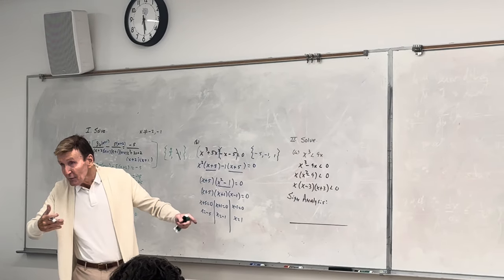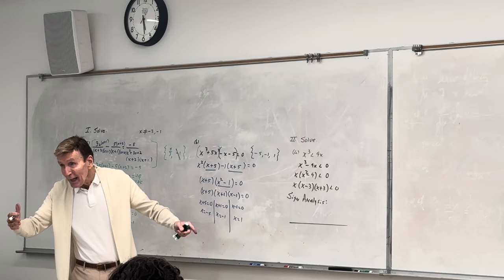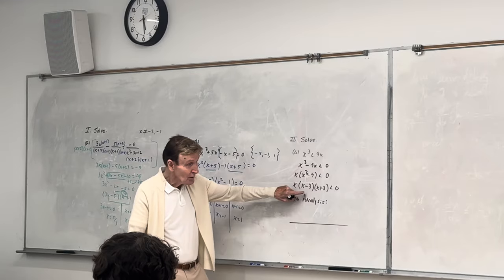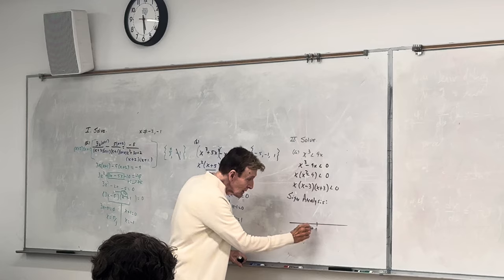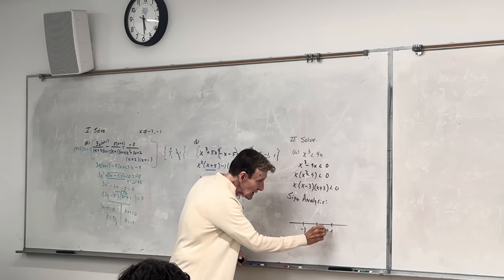What would the answers be if this were an equation? Suppose I split those up. What 3 answers would I have to look at? 0, 3, and negative 3. I'm going to place those right here on the number line like this.